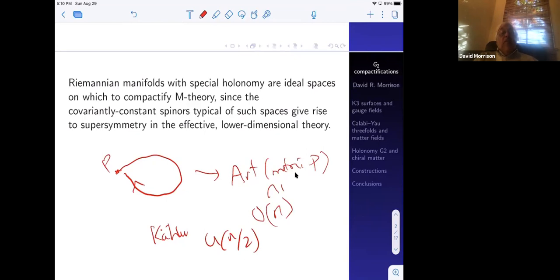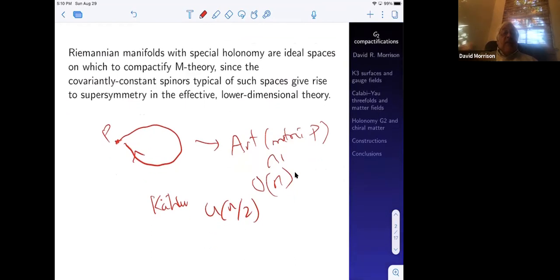Now, if you have a high dimensional theory, such as string theory, M theory, or even F theory, and you want to compactify that theory to a lower dimensional space to get an effective theory in that lower dimensional space, and you want that effective theory to be supersymmetric, then one thing that you will need is, so typically I'm going to take my space-time, my M, n is a bad letter, M, maybe M comma 1, to be of the form of some effective space-time crossed with some Riemannian manifold.